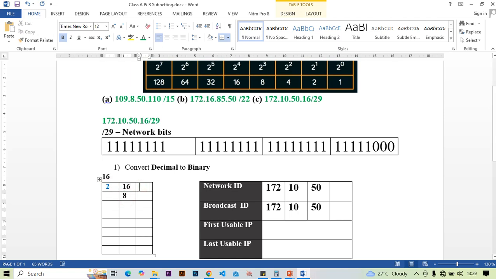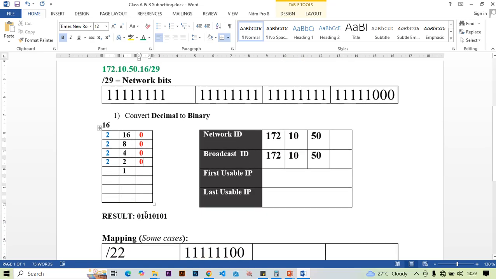Remainder 0. By 2, you have 4. Remainder 0. By 2, you have 2, remainder 0. Then by 2, finally, you have 1, remainder 0.